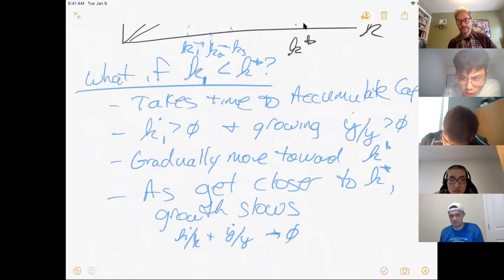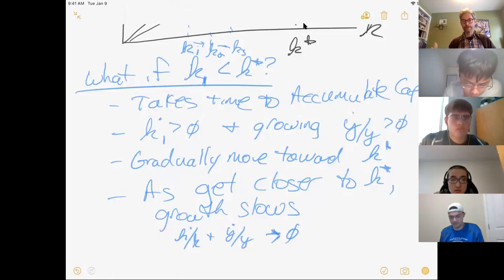As we get closer to the steady state, growth begins to slow. In other words, the growth of output and the growth of capital are getting closer and closer to zero.